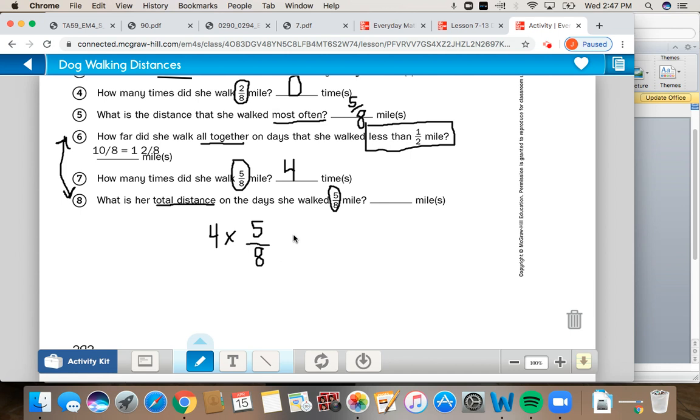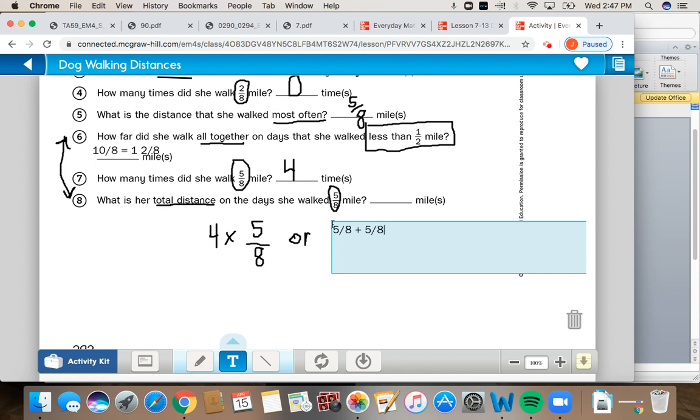So I can do that, or I can do this. Do one of these ways, or if you have time, do both, and let's see what we get for our answer.